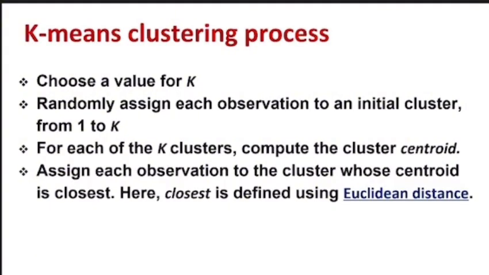That's why it is called k-means. Then I will reassign each observation to the centroid that its value is very close to. And when I say their value is very close, I'm going to make use of Euclidean distance.